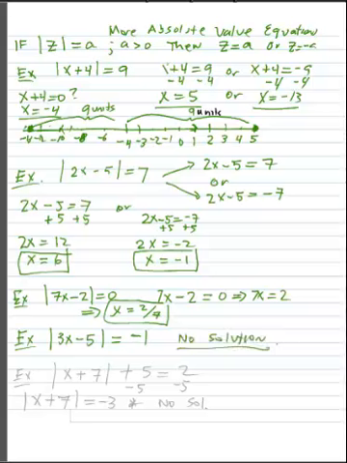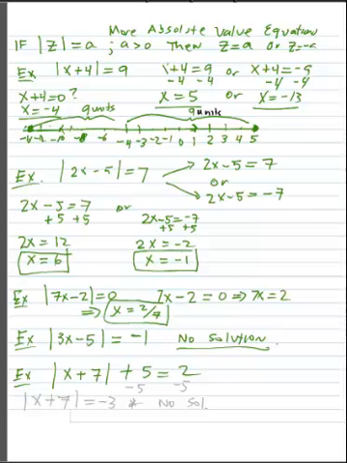Sometimes you'll see problems where this no solution case is disguised. For example, we have the absolute value of x plus 7, plus 5, is equal to 2. In solving equations, one of the first things you want to do is to simplify the equation. And simplify can mean a lot of things. One thing it means is to collect like terms.